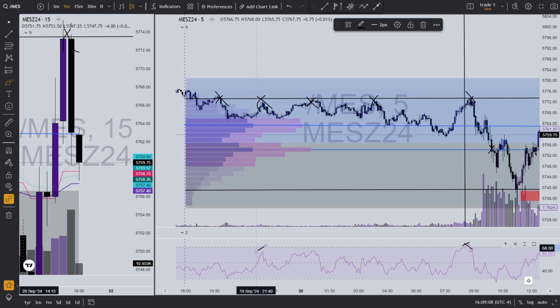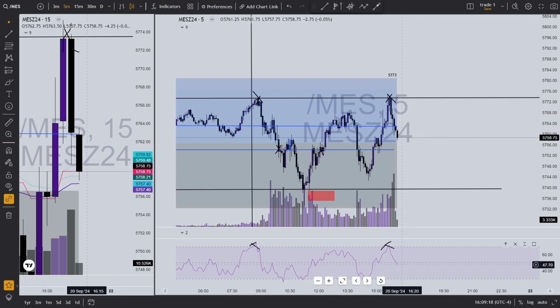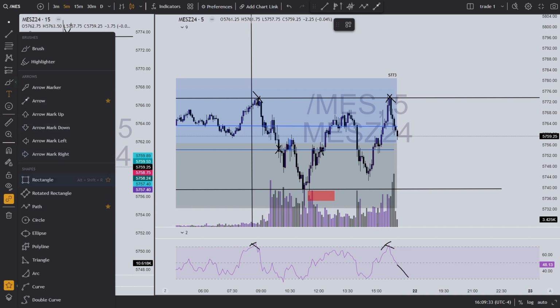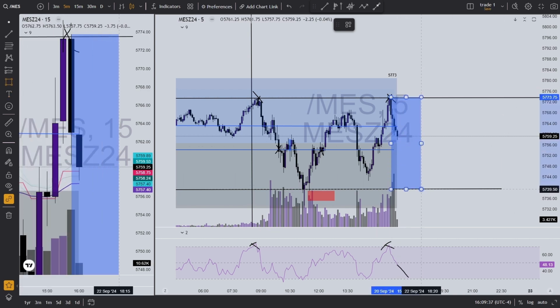We come up to these levels of being overbought and we reject. So when we come down to this 50 line, this is basically the middle of the range. If it crosses under this line, then chances are it's going to continue to trend down to the downside of the move here. And that's what we are looking at in real time in this particular zone. We're looking for a short here.